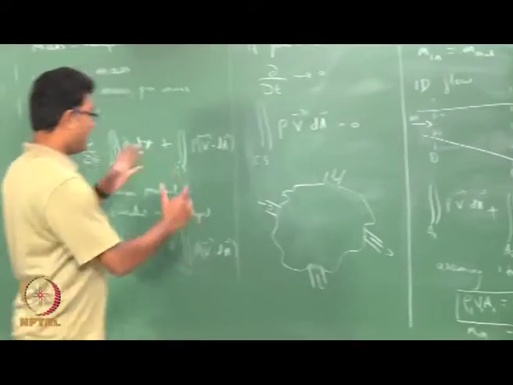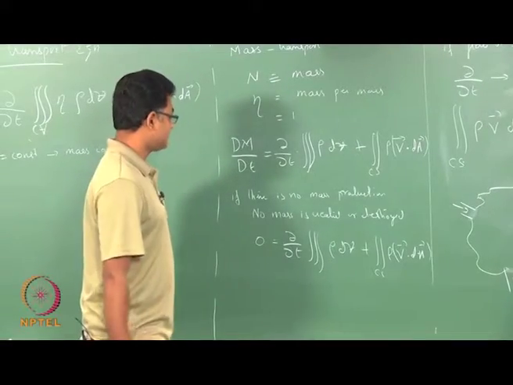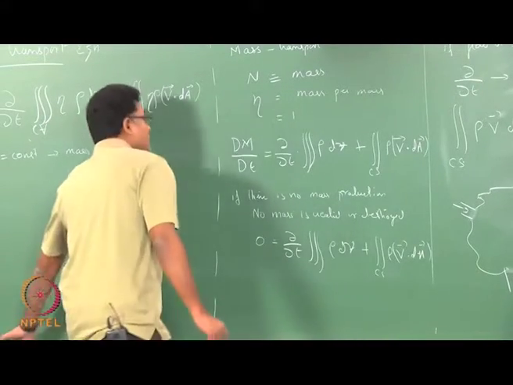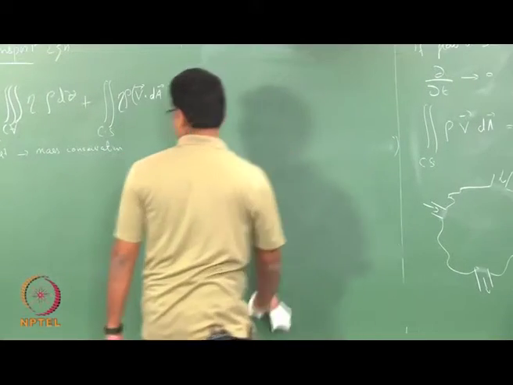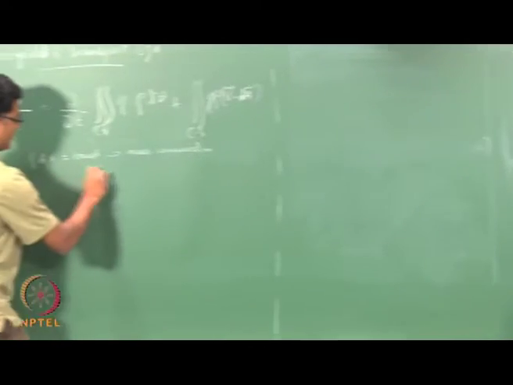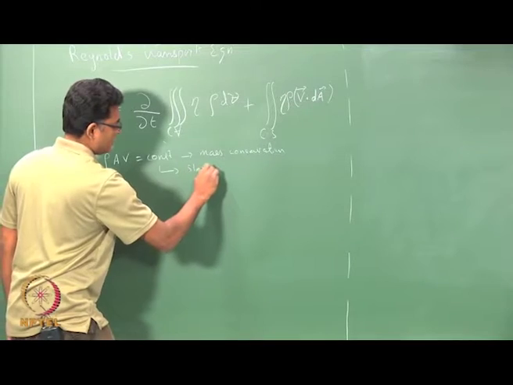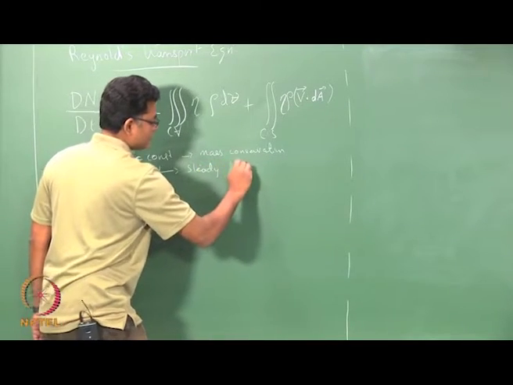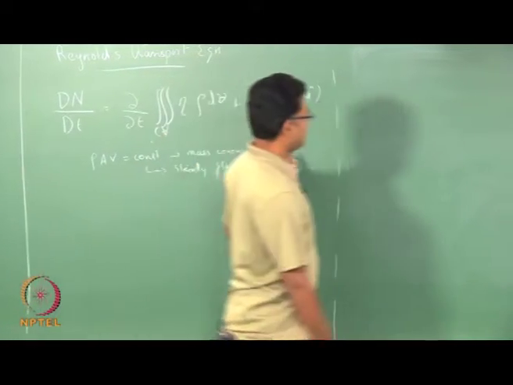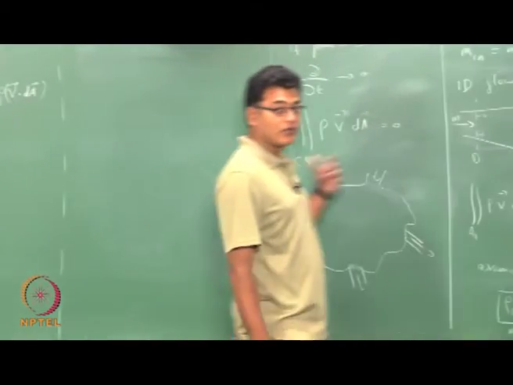So, the mass contained in the control volume is constant. So, I can further write this. So, this is for a steady flow. If it is unsteady, you should have the other unsteady part also into the equation.